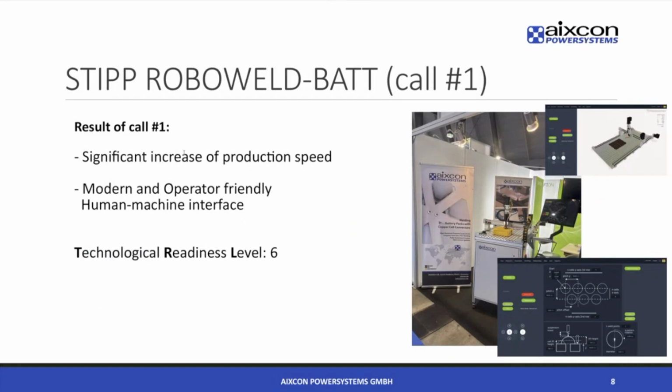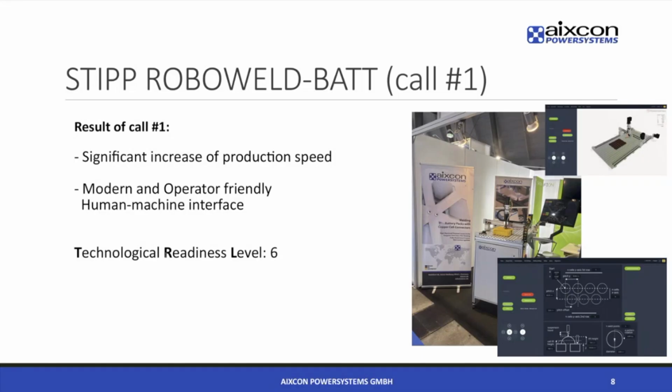Call 1 for us was finished in April. We could significantly increase the production speed, and Vectioneer created a modern and operator-friendly HMI, which you can see in the bottom right corner. We would say that our product now has technological readiness level 6.